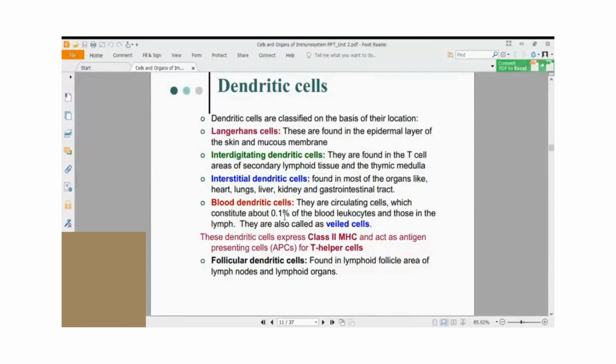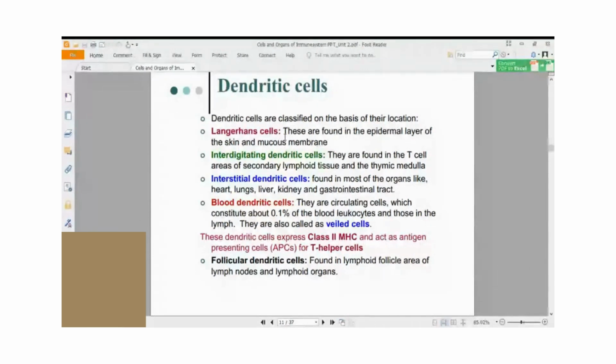Then, sometimes these dendritic cells take a decision to migrate from one tissue area. Let us presume that a Langerhans cell found in the skin encounters an antigen because the skin is punctured. Now it has a wound, and through the wound a bacterial infection has taken place, and that bacteria is being recognized by the dendritic cell, and that dendritic cell now processes that bacteria.